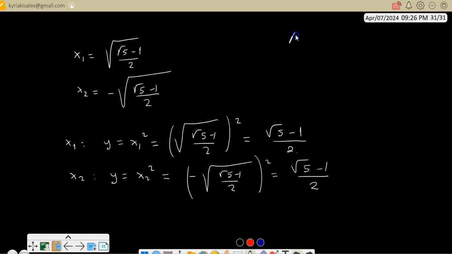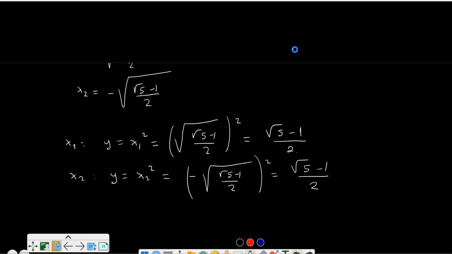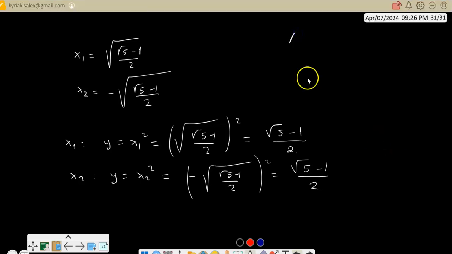A is the following. Square root of 5 minus 1 divided by 2, the square root of this, and the y coordinate is just this one squared.